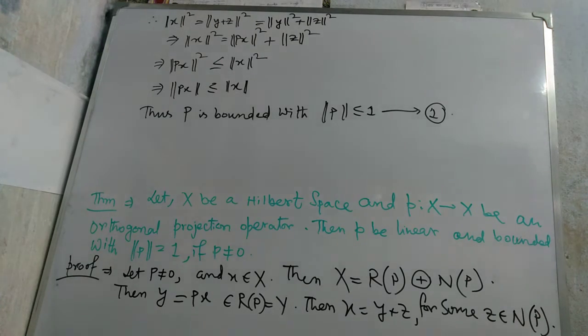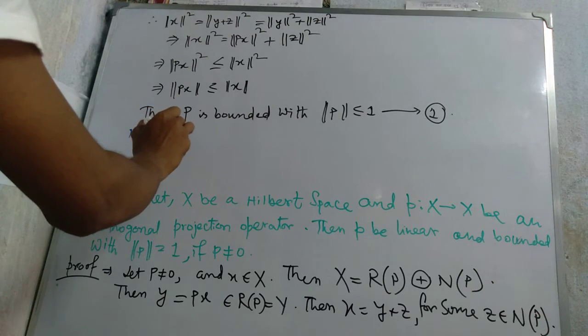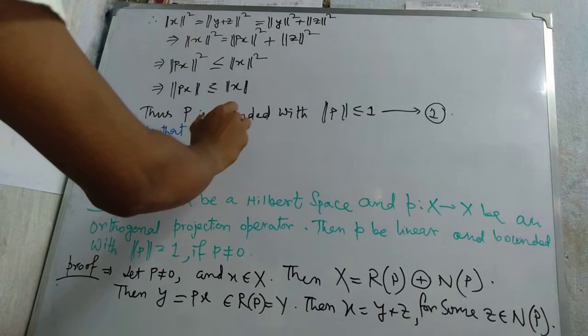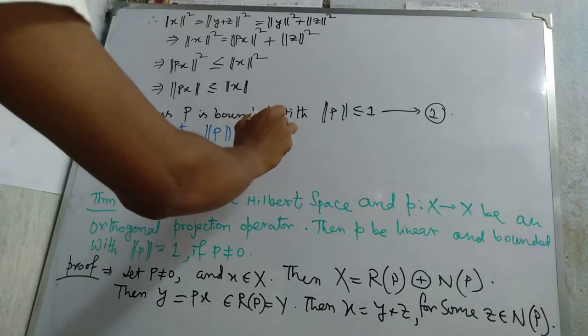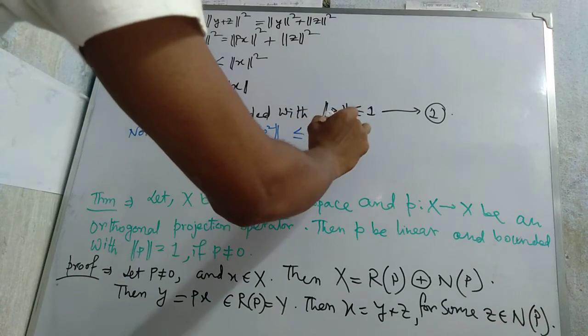Okay, again note that norm P equal to norm of P square less than or equal to norm P whole square.